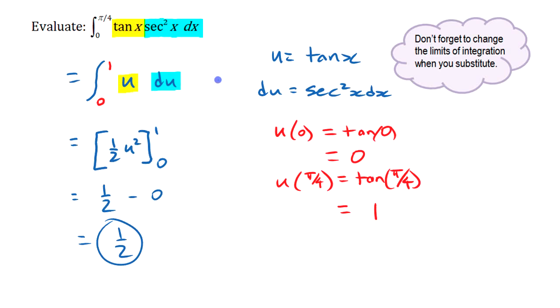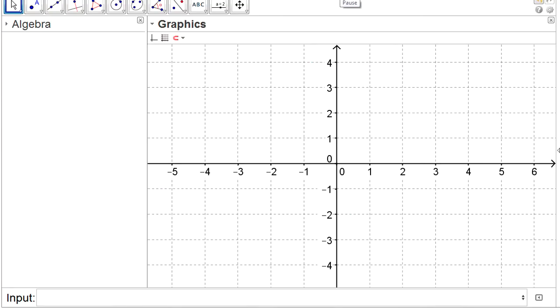Now we're going to have a quick look again here at what this looks like graphically. Alright, so let's graph those two functions and see what we have here. We'll call the first one f of x. That was tan x times secant x squared.